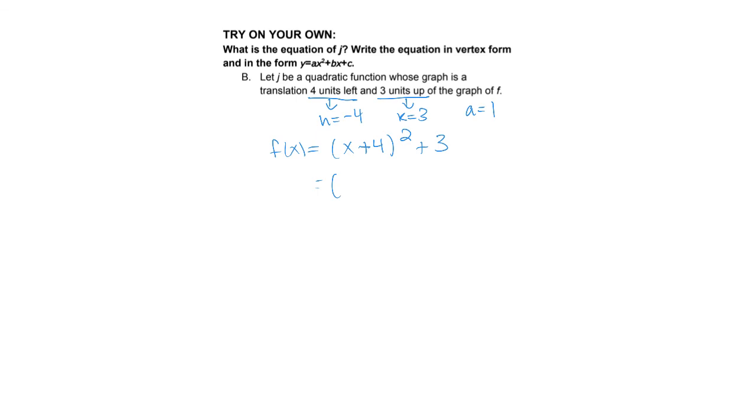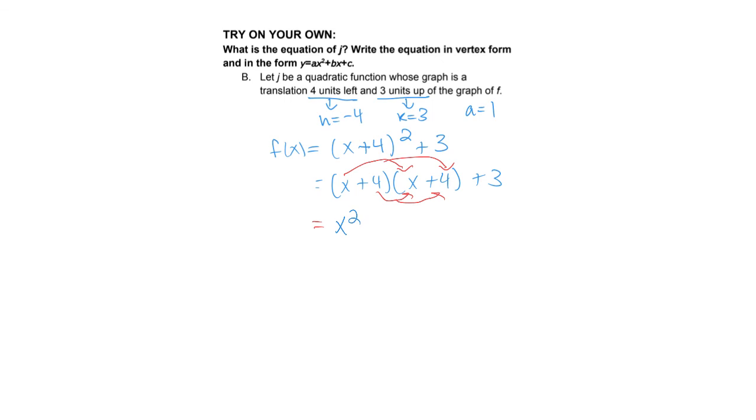Now expand them out and try to finish this off. Pause it now, and then I'll go through the solution. Okay, so hopefully you tried it on your own. Distribute using the FOIL method. x times x is x squared.